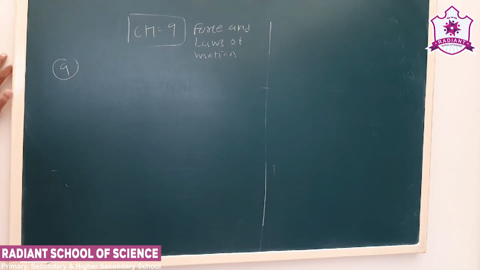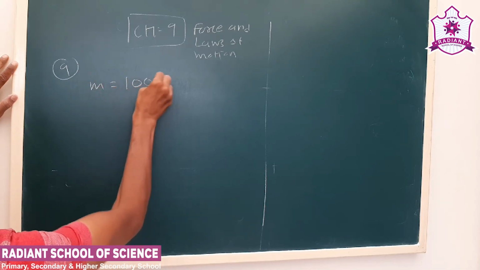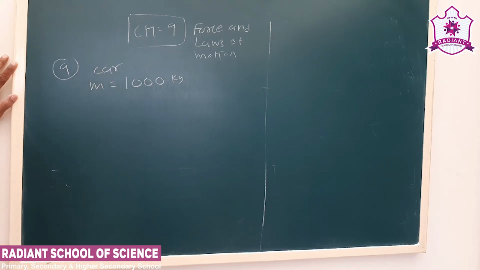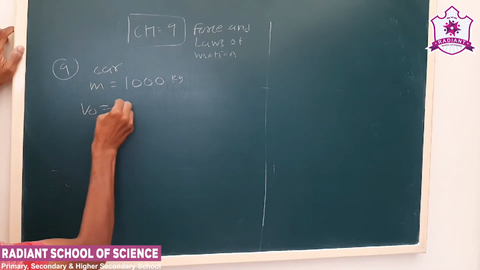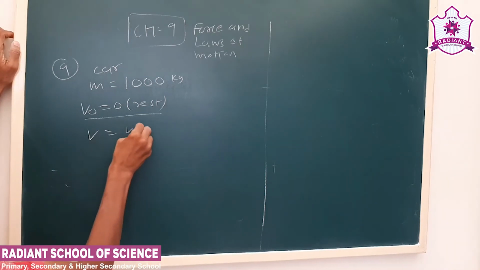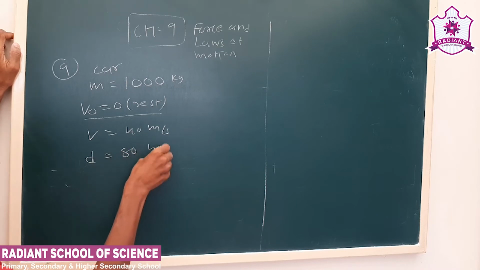The car of mass 1000 kg is brought from rest, starting from rest, that is initial velocity is 0, to 40 meter per second in a distance of 80 meter.